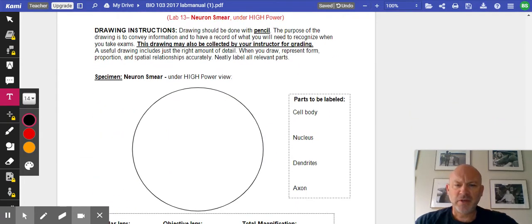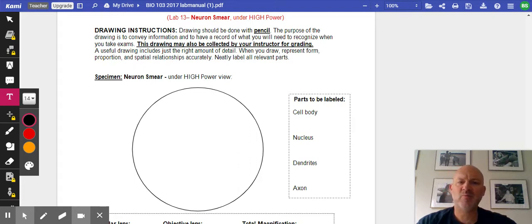All right, so if we look at a neural smear, let's go to the lab atlas for that. We have a neural smear. Here it is. This is a picture of a neuron, a microscopic observation, and this is a high power view, and you could see the dendrites are these branches.